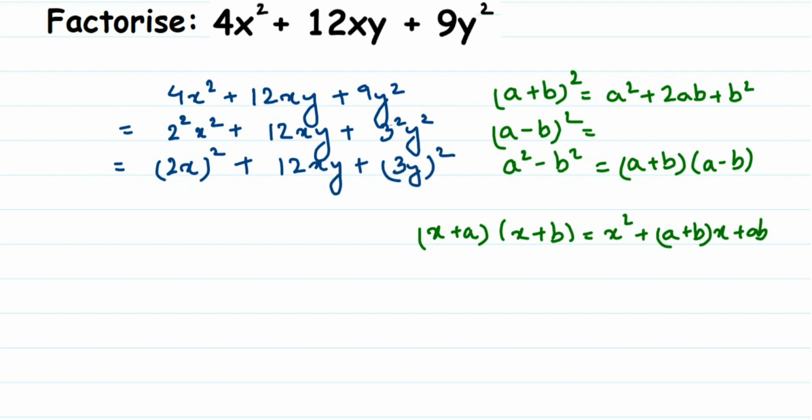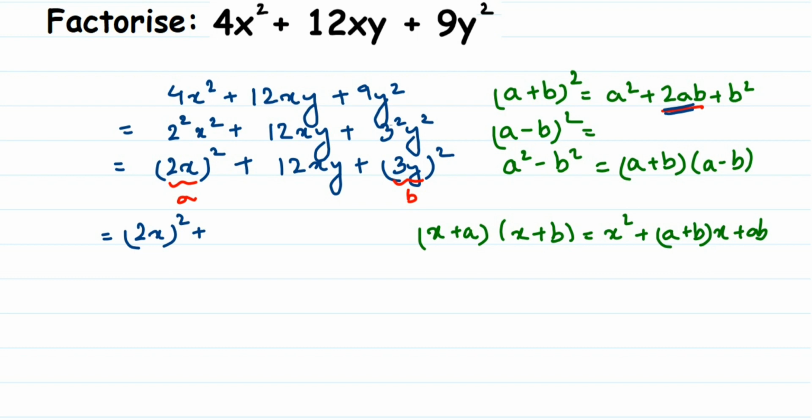Now you can see that the a value will be 2x and the b value will be 3y. But what about 2ab? Let's substitute and see if we are getting 12xy or not. The middle term is not matching yet, so I want to express this as 2ab.